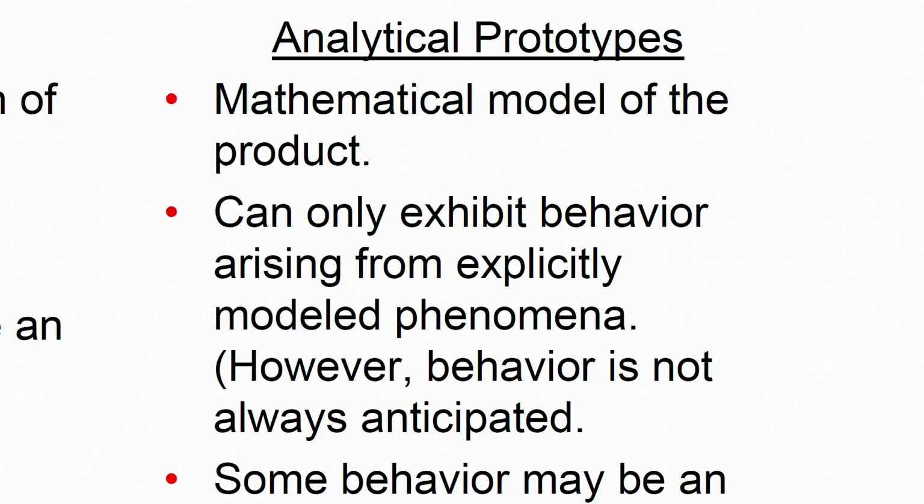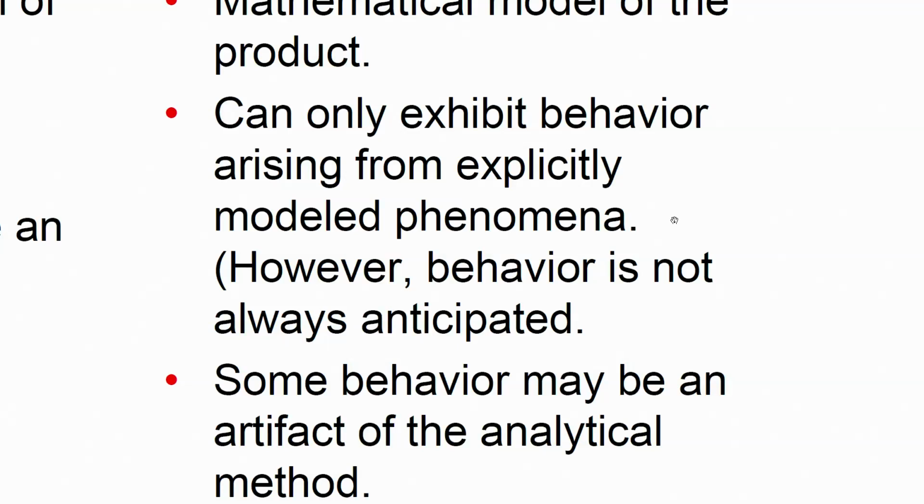Using that we can also calculate the weight of the thing, how much material, and I have also mentioned that if you give a small taper you can see how well they are stacked. Then analytical prototypes have the disadvantage or limitation that they can exhibit behavior arising explicitly from modeled phenomena.